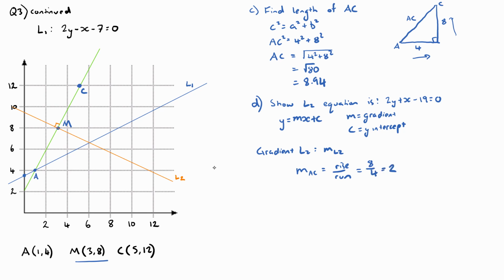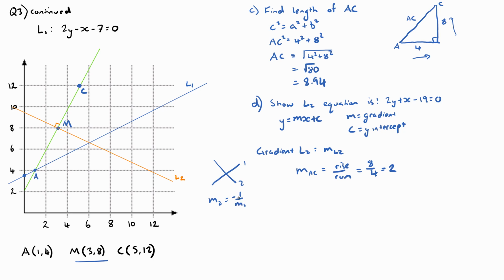Now the relationship between perpendicular lines is this. We'll call this line 1, this line 2. The gradient of line 2 is equal to minus 1 on the gradient of line 1.